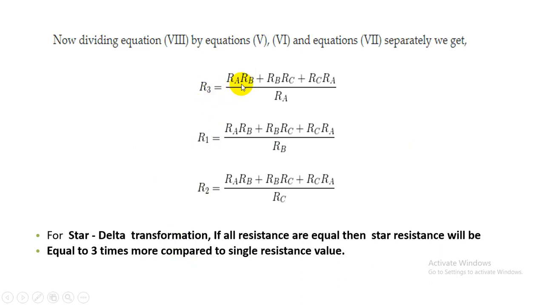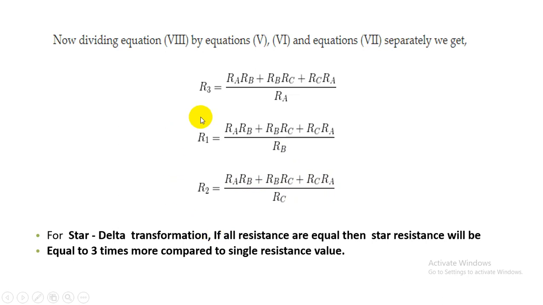R3 is equal to RA RB plus RB RC plus RC RA upon RA. R1 is equal to RA RB plus RB RC plus RC RA upon RB. R2 is equal to RA RB plus RB RC plus RC RA upon RC.